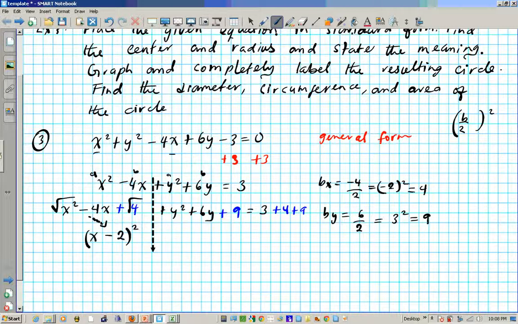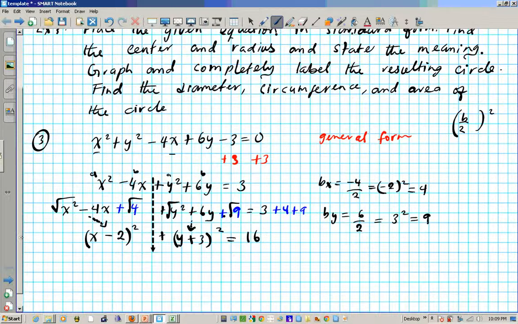This is a factoring trick for perfect square trinomials. Then bring down the plus, the same story here. You root the first and root the last terms, and then you bring down the middle sign. So this one is going to be y plus 3 quantity squared equals 3 plus 4 is 7, plus 9 is 16, okay?